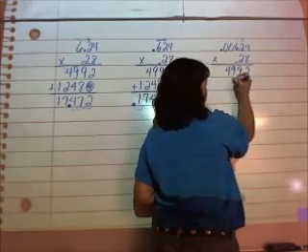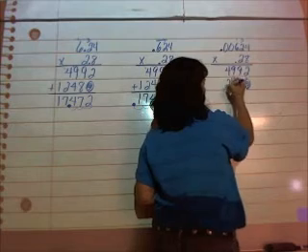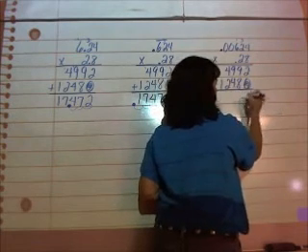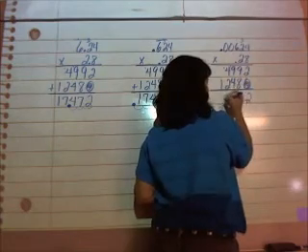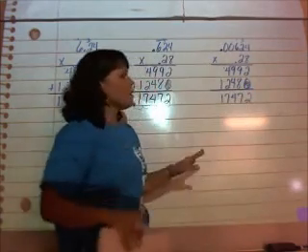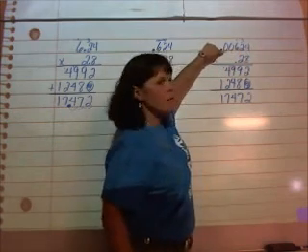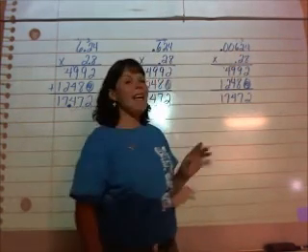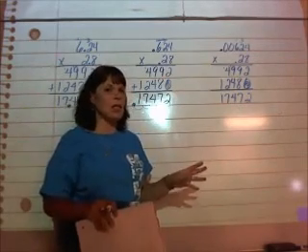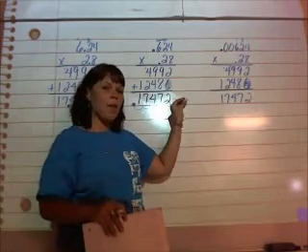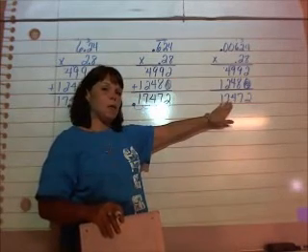See how my number got way too big? Need to make sure they stay lined up. Okay, this time I have 1, 2, 3, 4, 5, 6, 7. I have 7 digits behind the decimals in my problem. I need to make sure I have 7 digits behind my decimal in my answer.